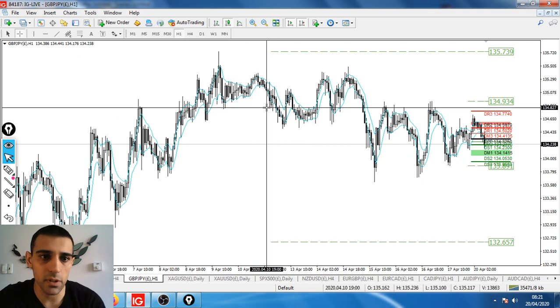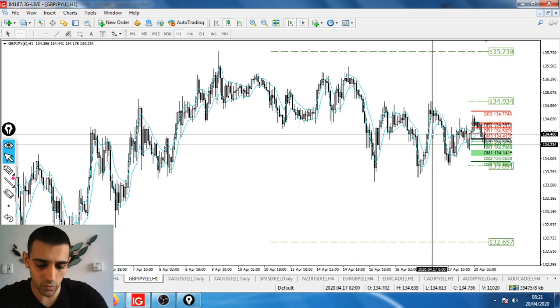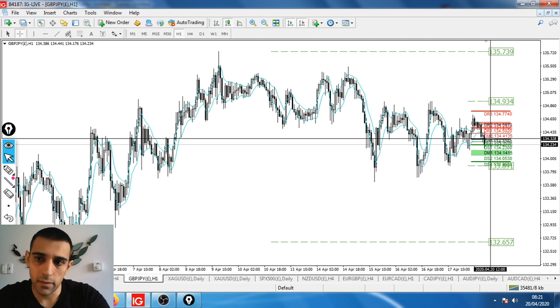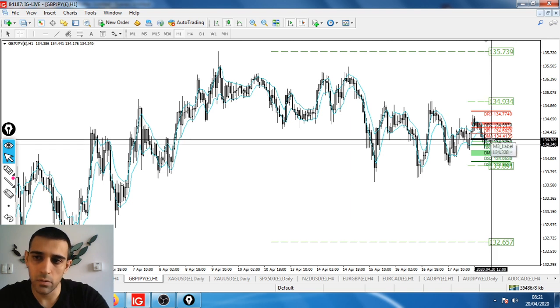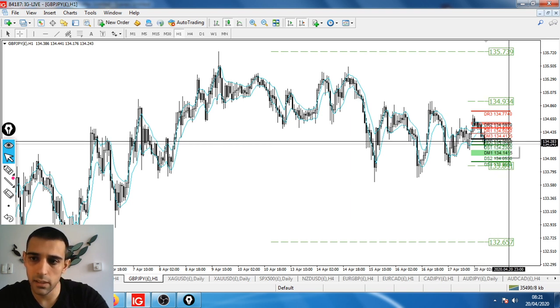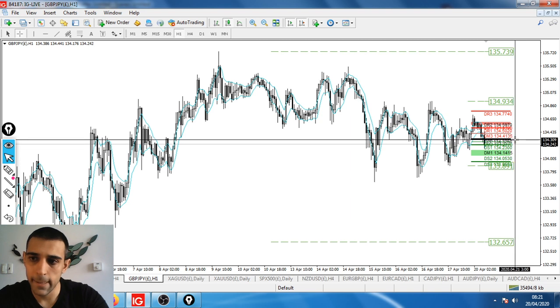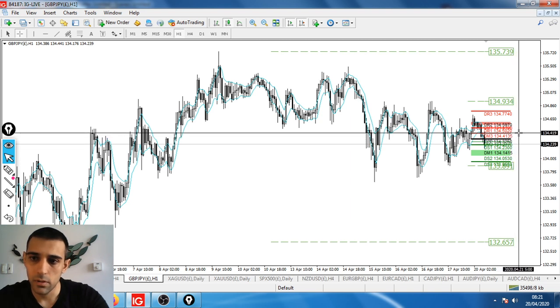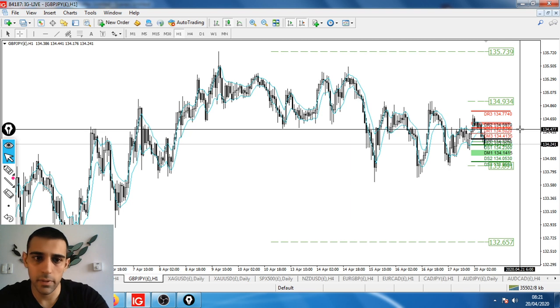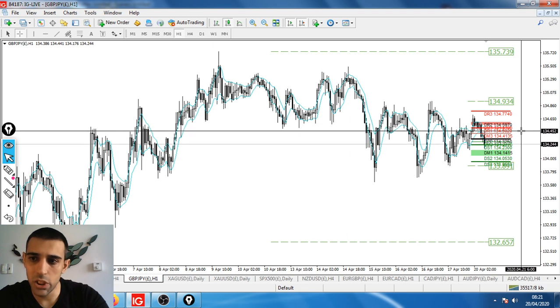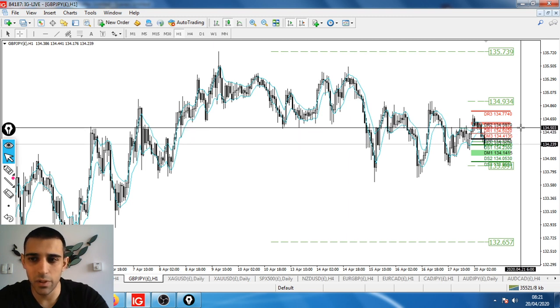And for the stop loss, let's look at the stop loss because it's important. If we go in at 134.30, we're going to look for about 15 to 20 pips. Okay, 20 pips ideally.